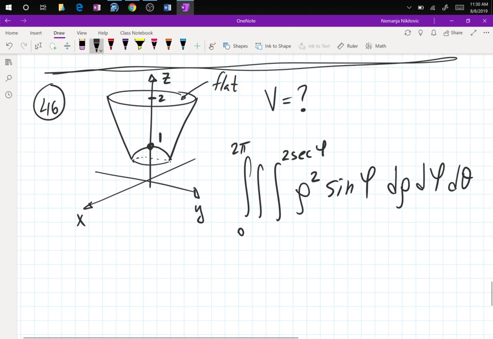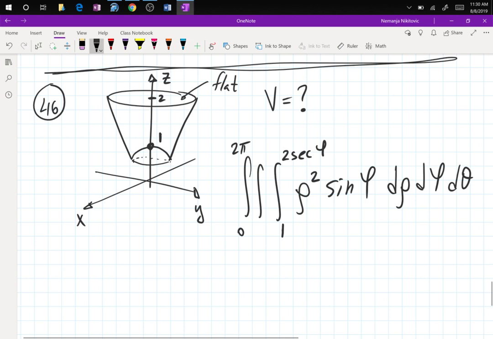And that's the easy part. The bottom is also easy because the bottom is the sphere. You see it's scooped in, it's scooped from the bottom. So you can actually create a sphere over there with a radius 1. So it's just rho equals 1 is the bottom. So that's the easy part.